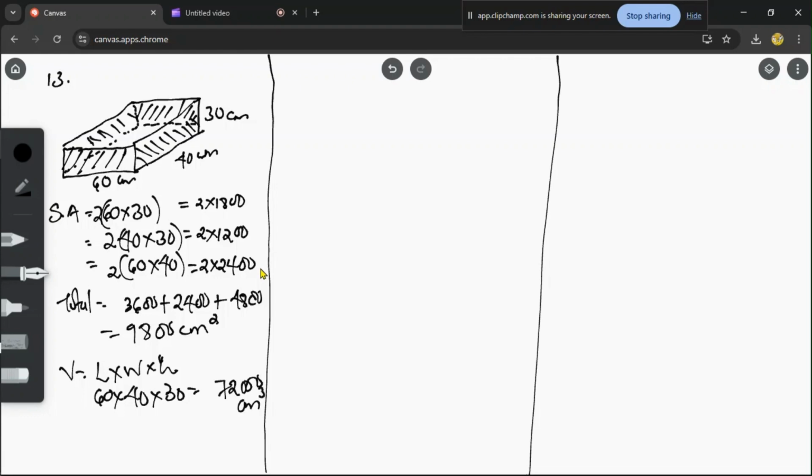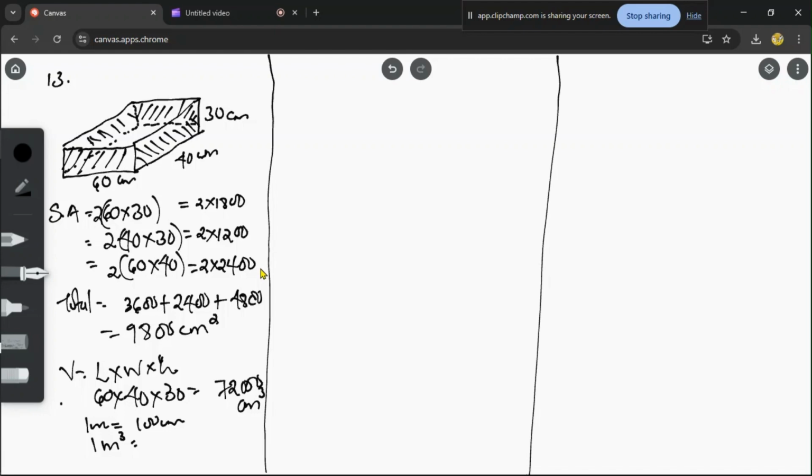Now, if I want to convert into meters cube, I know that 1 meter is equal to 100 centimeters. So if it is cubic, it means I multiply 100 by itself 3 times because it is a cube.